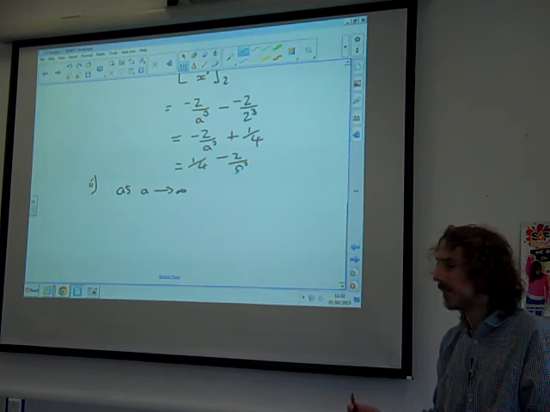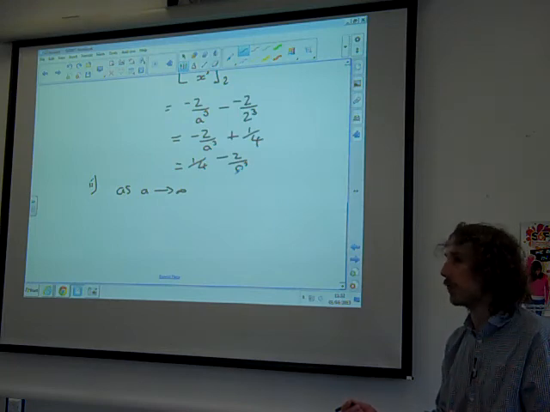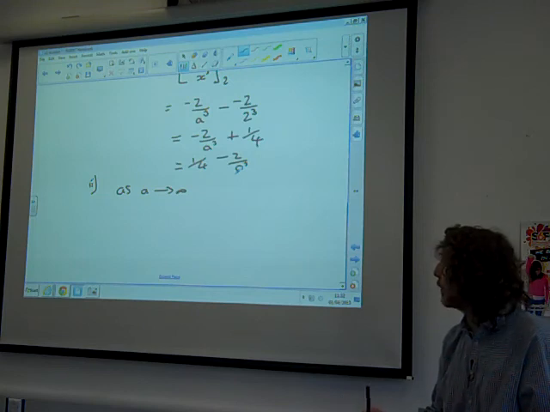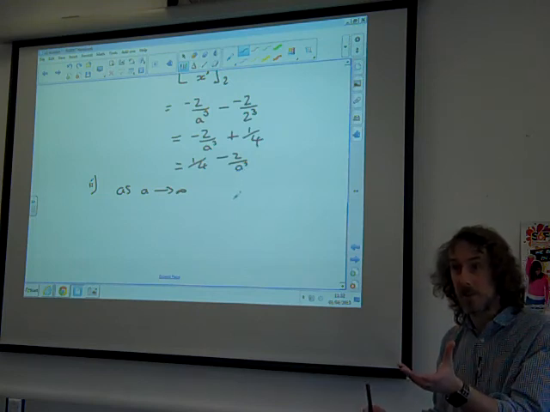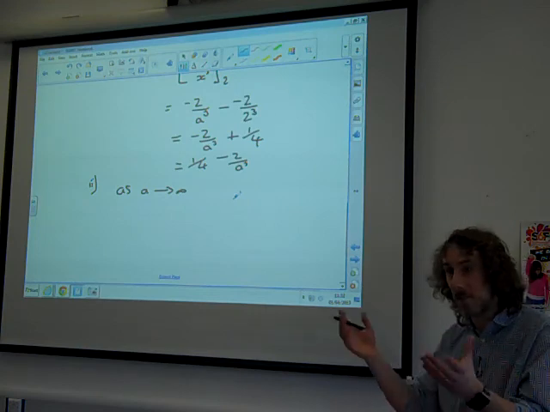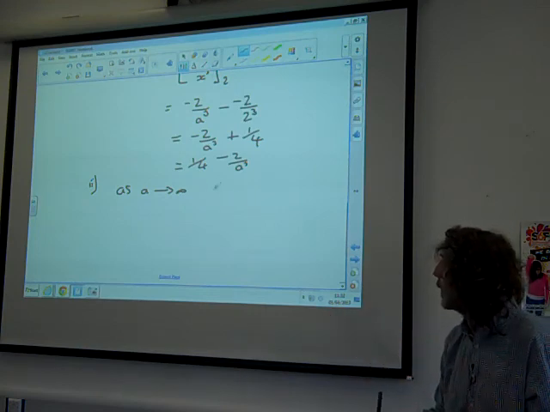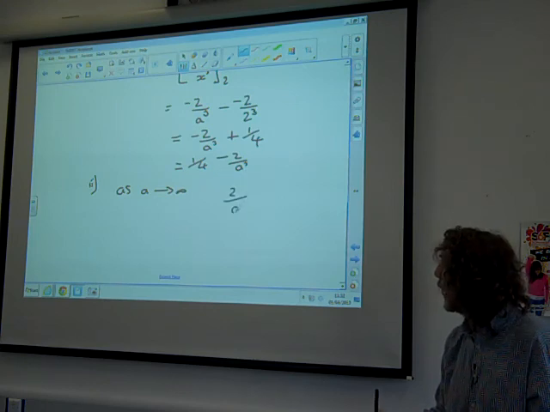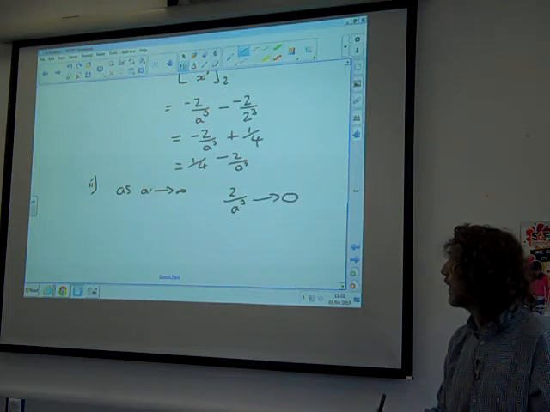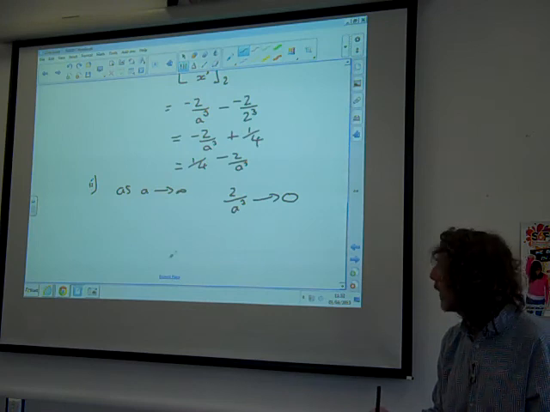Now, if a is a reasonably big number, say if a is 100, 2 divided by a cubed is a very, very tiny number, isn't it? 100 cubed is massive, and 2 divided by that would be really tiny. The bigger that a gets, the closer 2 over a cubed gets to 0. So as a approaches infinity, 2 over a cubed approaches 0.